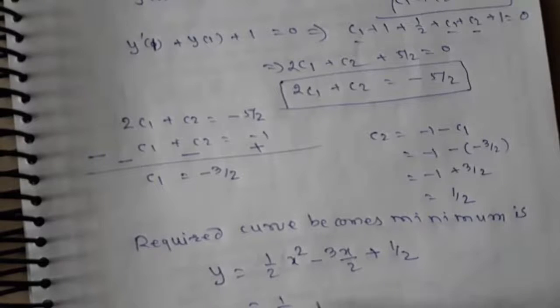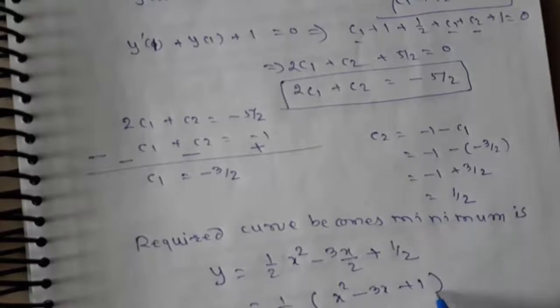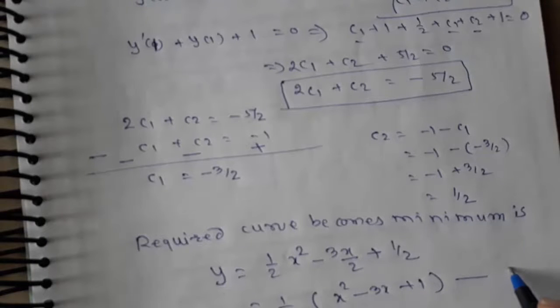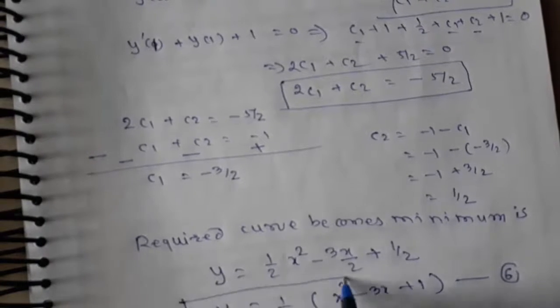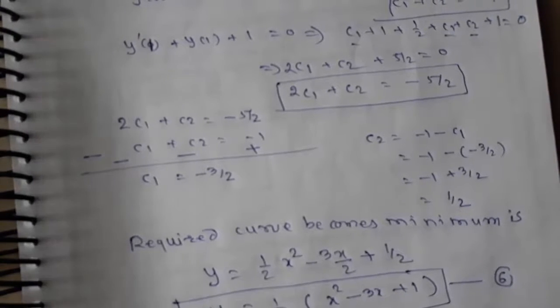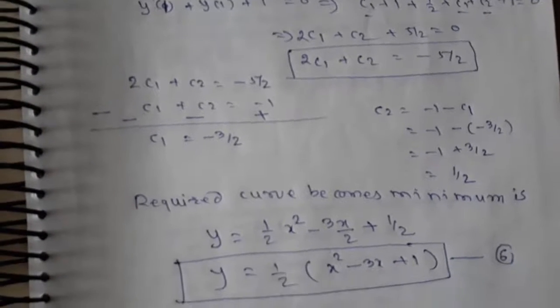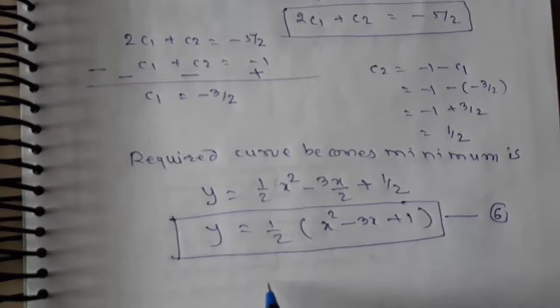That is nothing but 1/2 times (x squared minus 3x plus 1). This is the required curve: y equal to 1/2 (x squared minus 3x plus 1). Thank you.